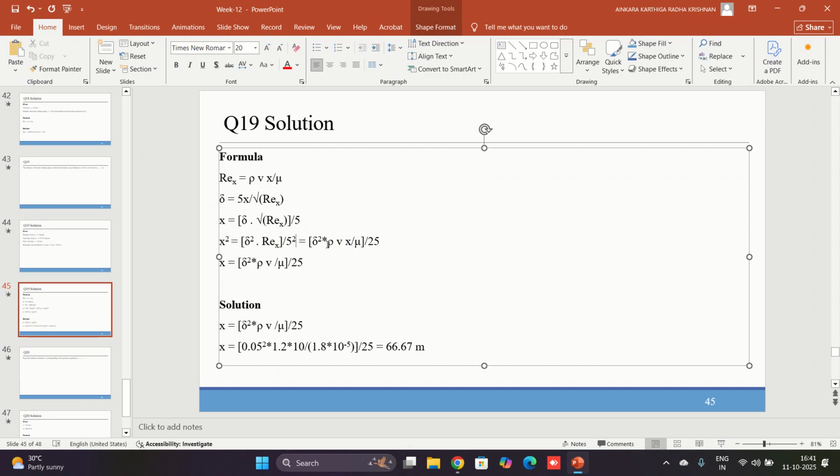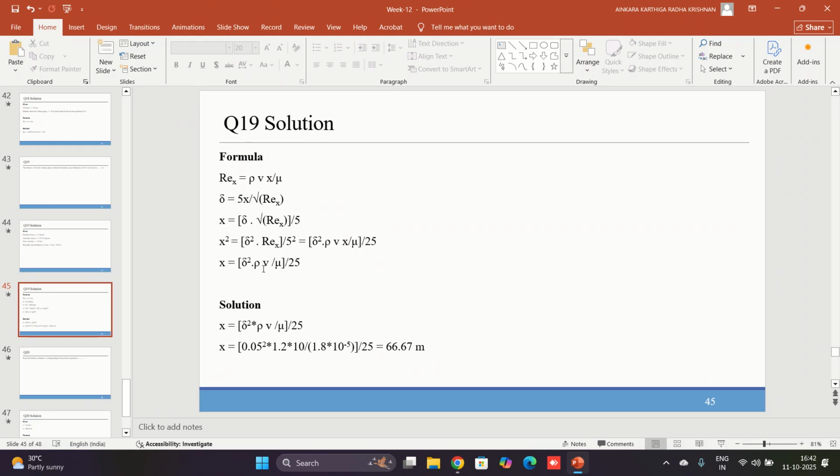Equal to delta square into rho v x by mu divided by 25. So delta square, in x, x gets cancelled. x is equal to delta square into rho v by mu divided by 25. So now what is left, we have to just simply substitute it.